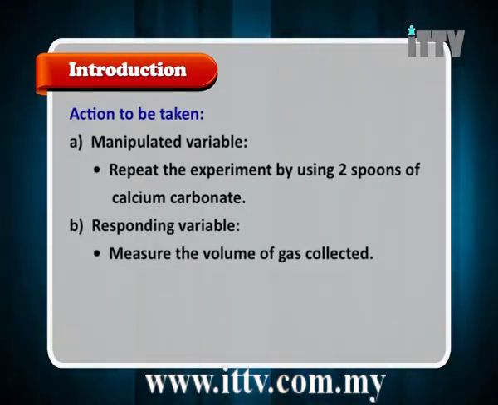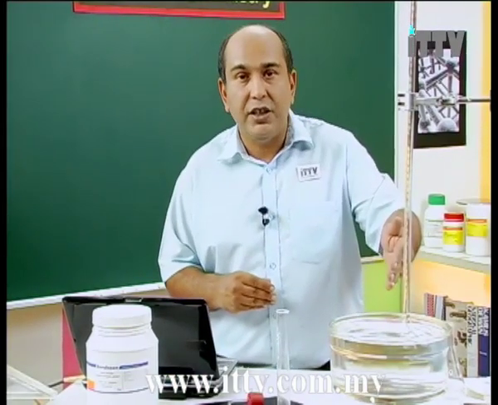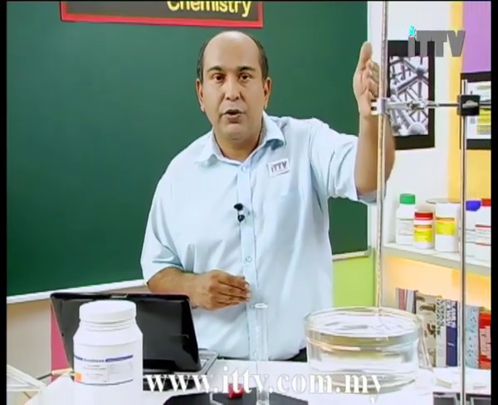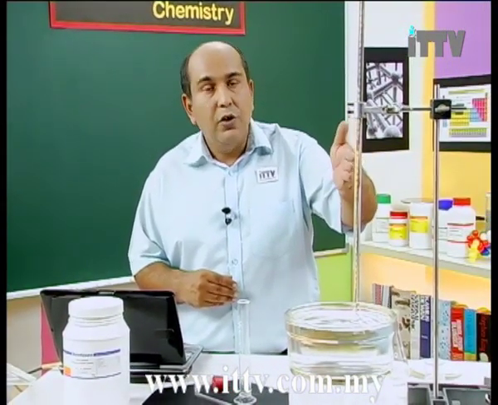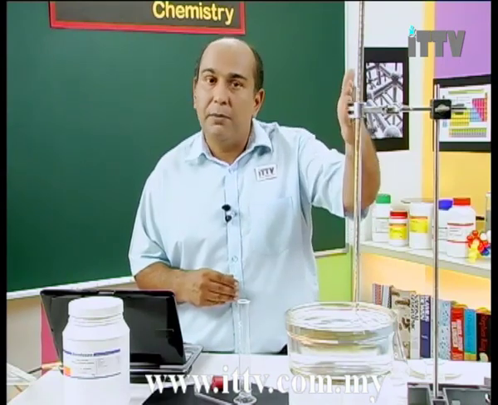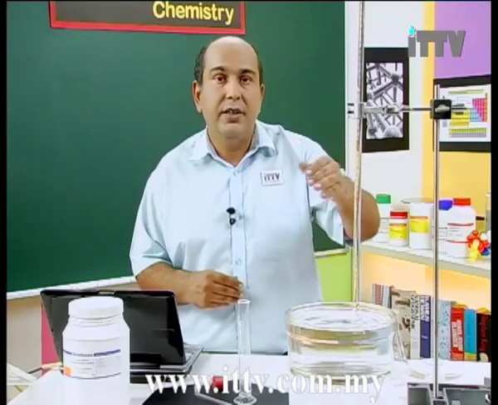Responding variable: measure the volume of gas collected. So, in the first experiment, we measure how much gas we collect. Then, in the second experiment, we repeat and measure the amount of gas collected. And then we can compare the change that has occurred.